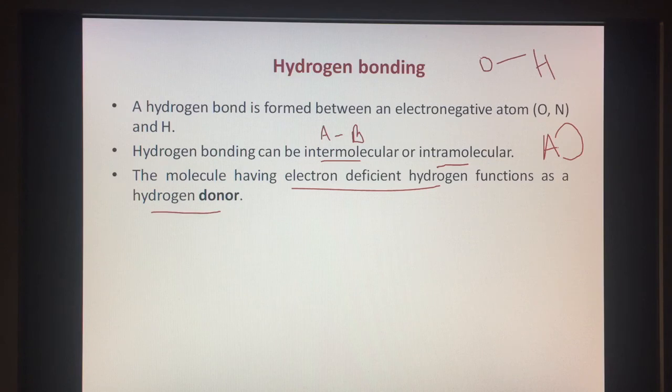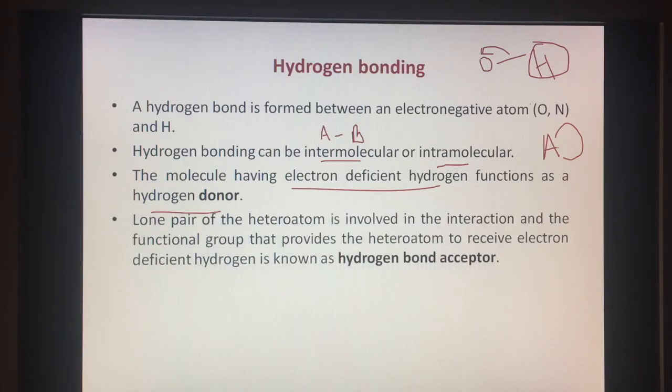Because this oxygen is more electronegative than this hydrogen, it pulls the electron towards itself, and hence this hydrogen becomes electron deficient. So this hydrogen behaves as a hydrogen donor, and the lone pair of electrons of the heteroatom in the functional group that receives the electron deficient hydrogen is known as the hydrogen bond acceptor.